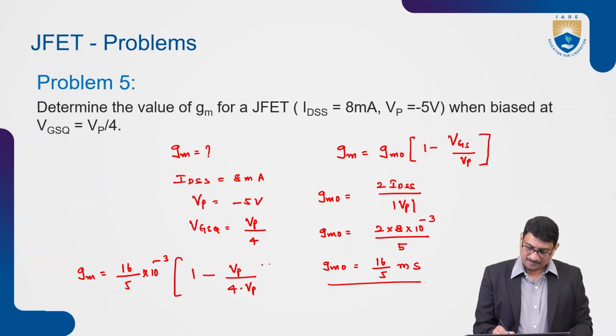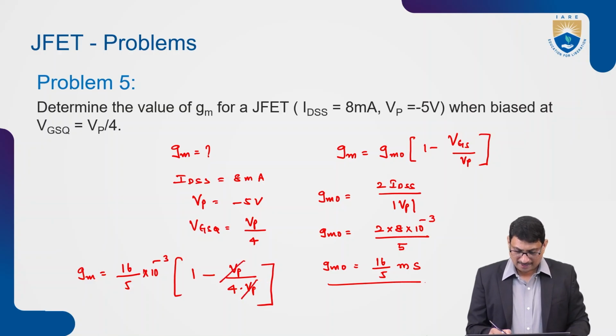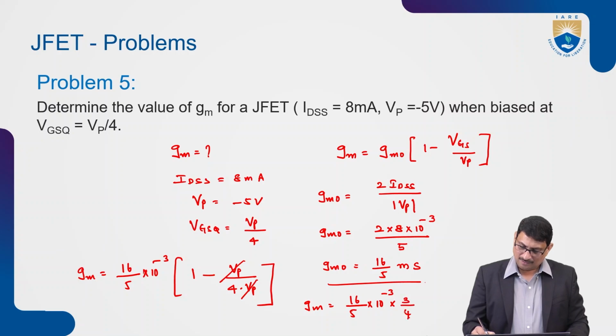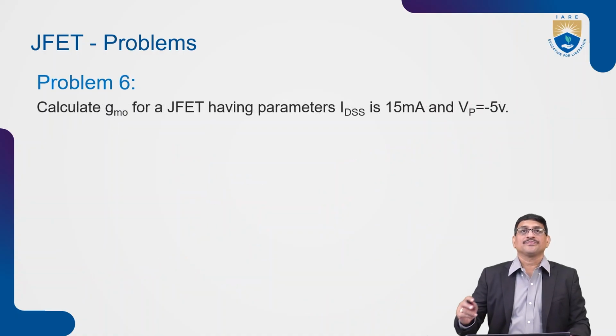So it is 1 minus VP by 4 into VP, where the VP cancels. 1 minus 1 by 4, so GM equal to 16 divided by 5 into 10 power minus 3 into 1 minus 1 by 4, which is 4 minus 1, it is 3 divided by 4. This is in Siemens. With this expression, we can calculate the GM. Next, we'll move on to the next problem.